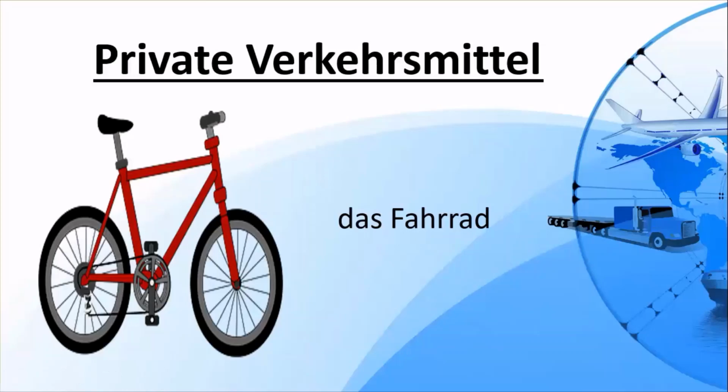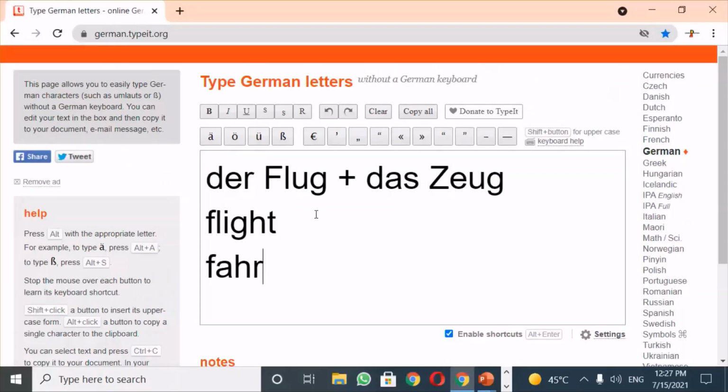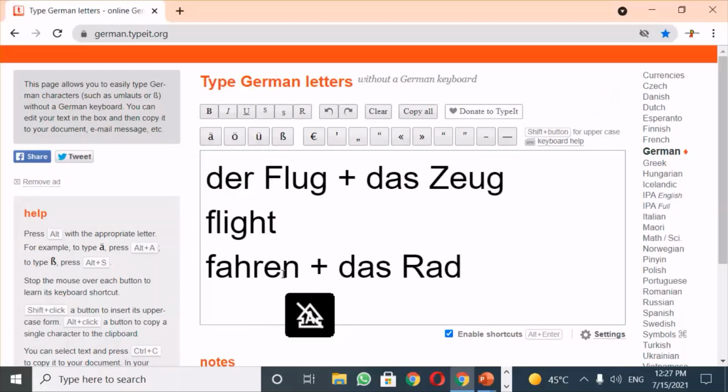Again, this short noun is or can be considered a compound noun made up of a verb, this time fahren, which is to drive, but fahren is used in German also to mean to ride a bicycle.